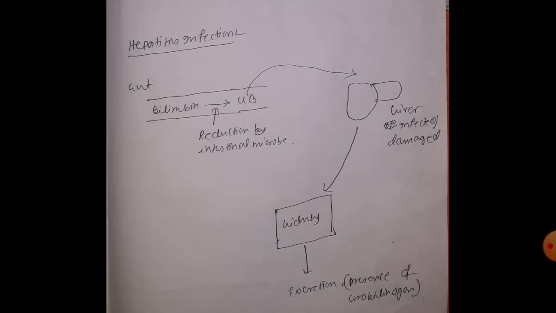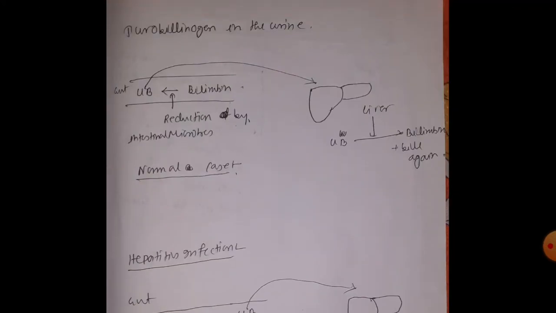Okay, so we may observe an increased amount of urobilinogen, we may observe jaundice, we may observe atypical lymphocytosis, we may observe increased alanine transaminase and aspartate aminotransferase.